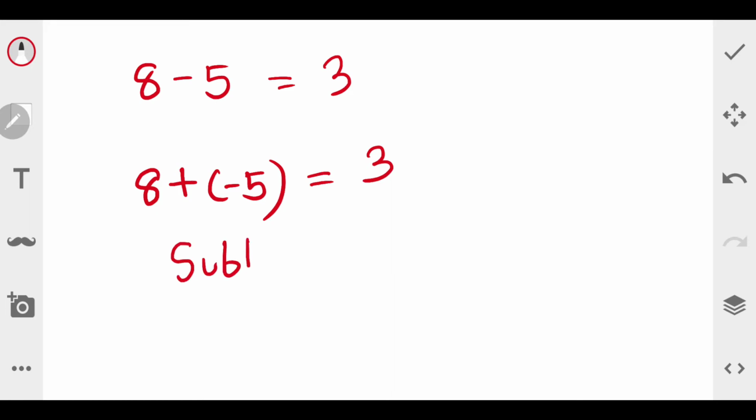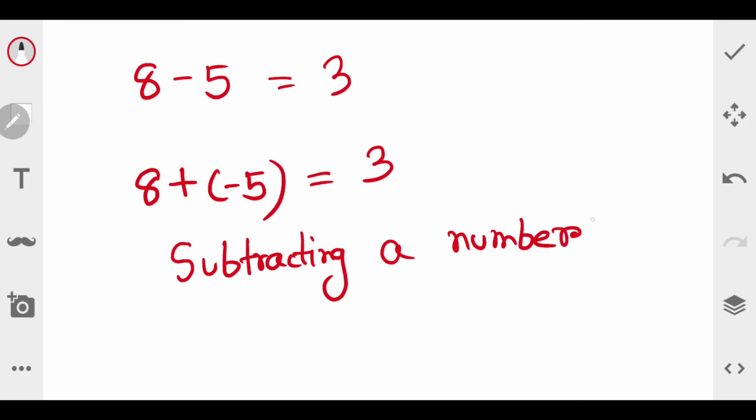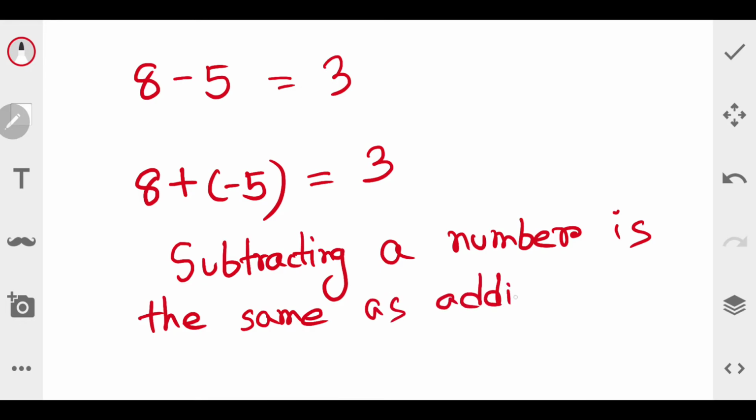So subtracting a number is the same as adding its opposite.